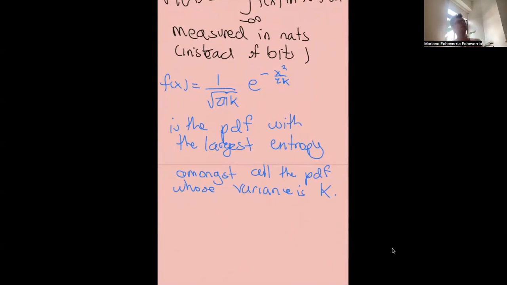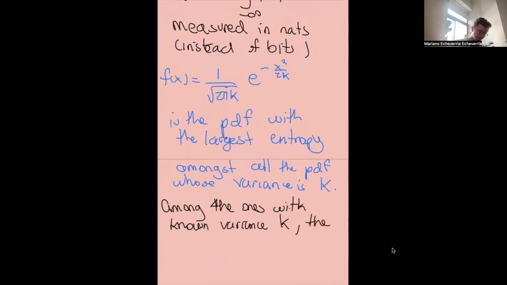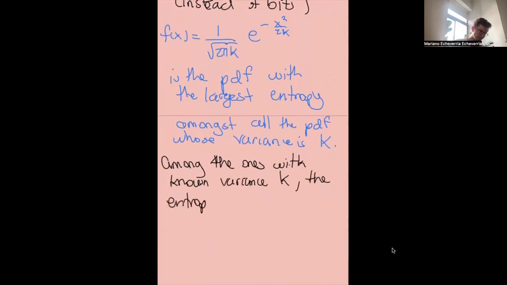Here, instead of knowing the expected value, you know the variance. So among the ones with known variance, the entropy is maximized at the bell-shaped curve, the normal distribution.